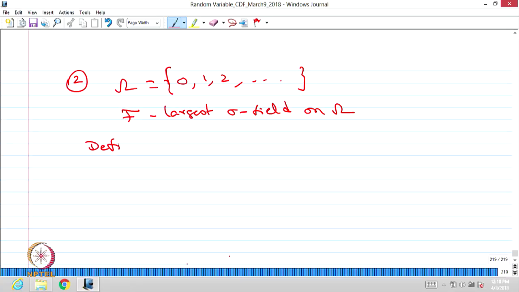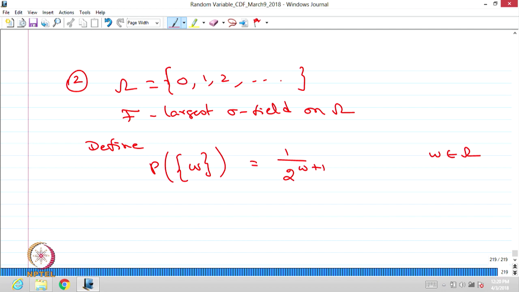Now we are going to define P of the singleton element of samples in the omega itself. That is going to be 1 divided by 2 power w plus 1, where w belongs to omega.